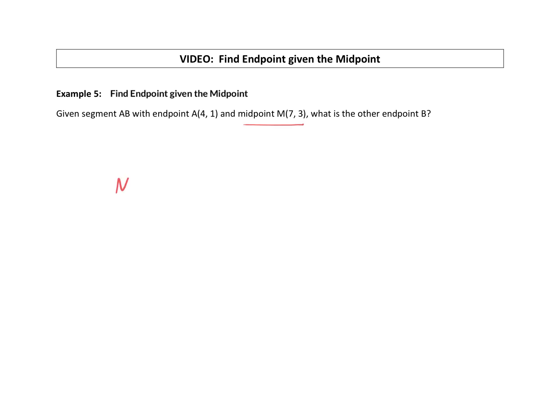If we remember, our midpoint formula is x1 plus x2 divided by 2. That gives us the x coordinate. And then y1 plus y2 divided by 2 gives us the y coordinate of our midpoint.